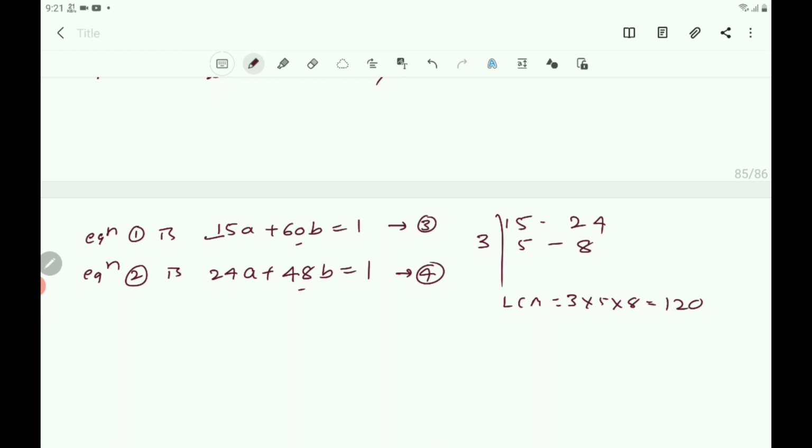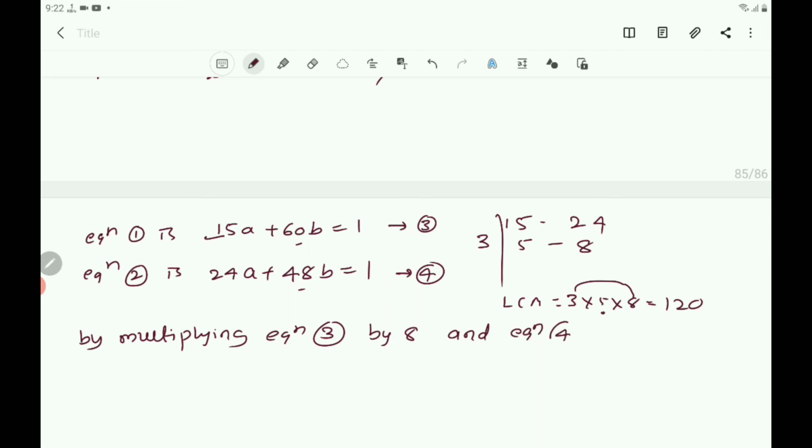Multiply equation 3 by 8 because 15 8s are 120, and multiply equation 4 by 5 because 24 5s are 120.